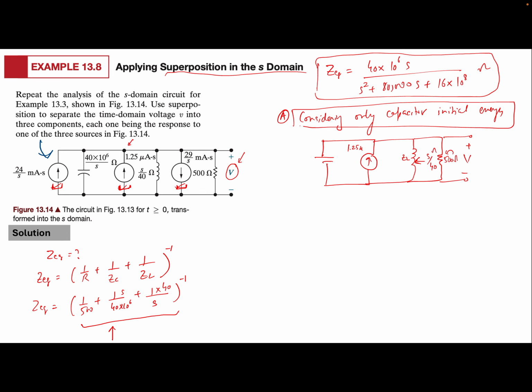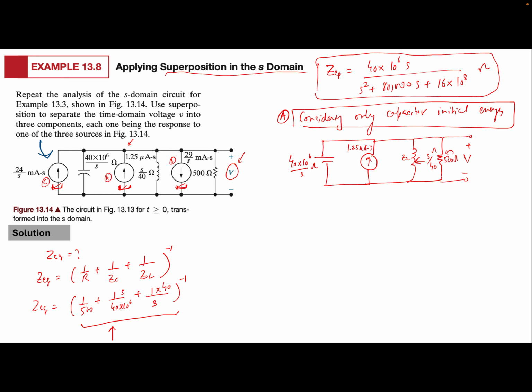And the capacitive impedance is 40 times 10 to the 6 over S. Right, so this should be ampere second ohms. Okay, great. So you ended up finding the equivalent circuit by only considering this source. Let me call the source A. Then I'm going to do B, and then finally we can do the C one.